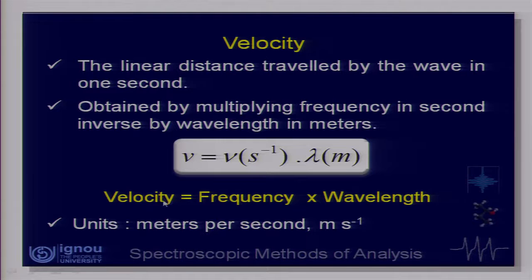That is, velocity is frequency into wavelength. This you must remember, because we will be using that later on. Since we have these two units, the combined unit will come out to be meter per second, which we are familiar with. Typically, velocities are in distance per unit time. Here the distance is meter and time is second. So, meter per second is the unit for the velocity of radiation.